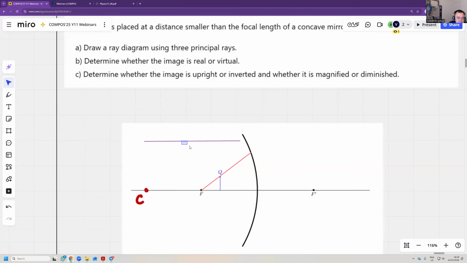The focal point is given. It's half the radius of the curvature.